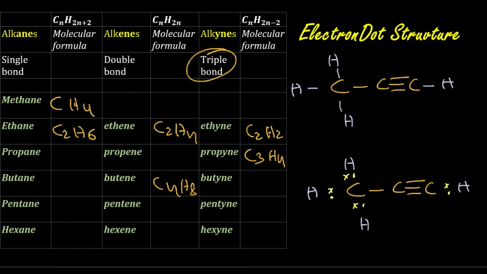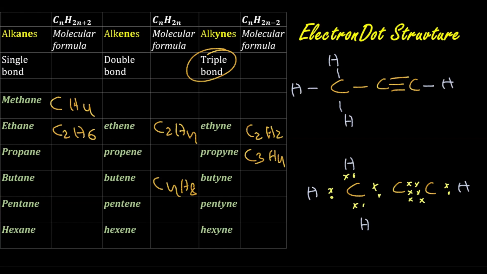For this one, as you can see, between carbon-carbon there is a single bond. So this is cross and cross. And over here, there's a triple bond. As you know, one pair of electrons represents a bond and there's a triple bond. So therefore, it is 3 pairs.